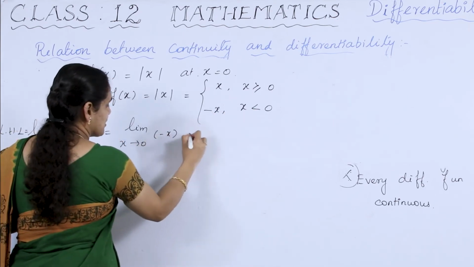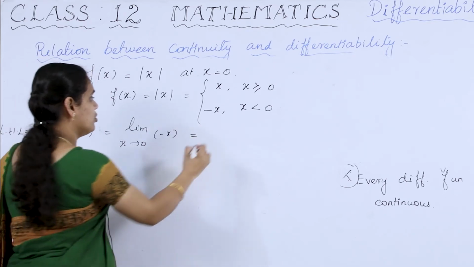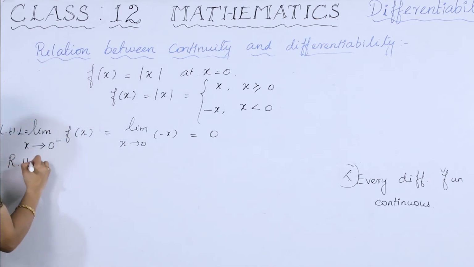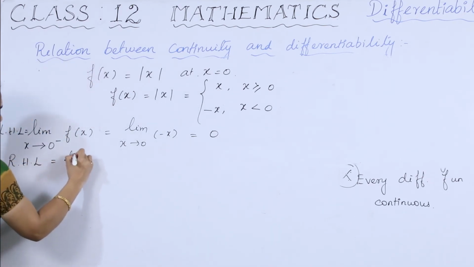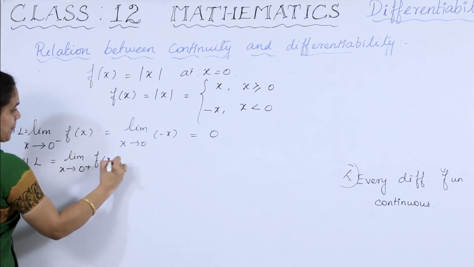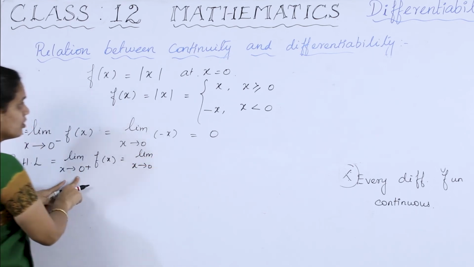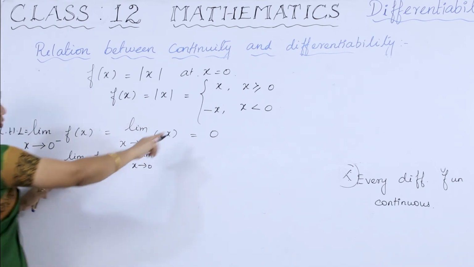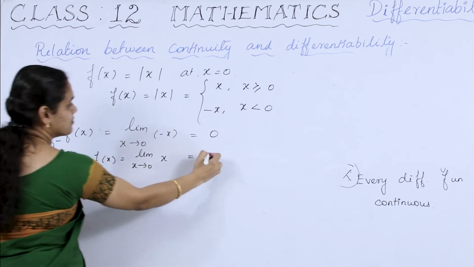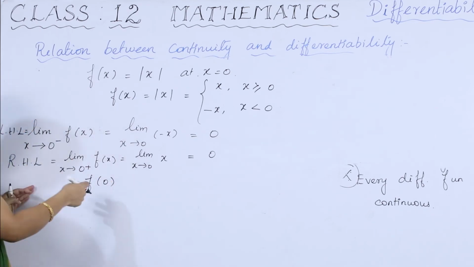If you give the direct substitution x equal to 0, you will get 0, isn't it? Then let us find out the RHL, that is the right hand limit. It will be limit x tends to 0 plus of f(x), that is equal to limit x tends to 0. The right side of 0 is greater than 0, right? So this is x. So here also when you give x equal to 0, it becomes 0. And what about f of 0, that is at x equal to 0.